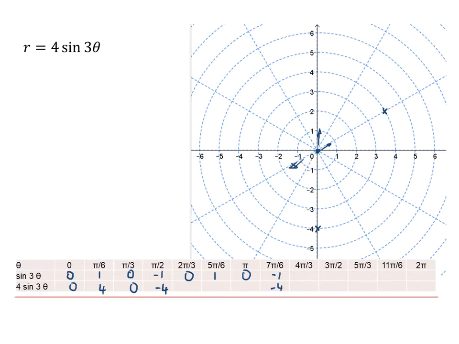So negative 4 is actually going to produce the same point as here. So the graph actually completes itself and then repeats what's already gone on. Perhaps a lot easier if I look at this on a GeoGebra file.